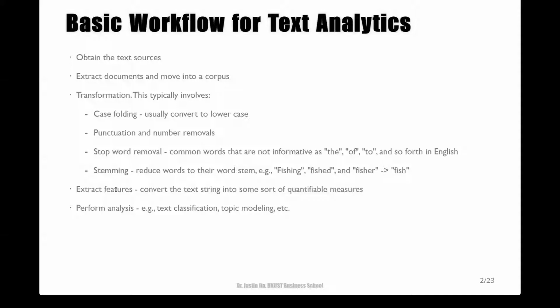We can combine all the vectors for each document together, and we can create a term document matrix. And once features are ready, we can perform a variety of analysis, including text classification, sentiment analysis, topic modeling, etc., with text.